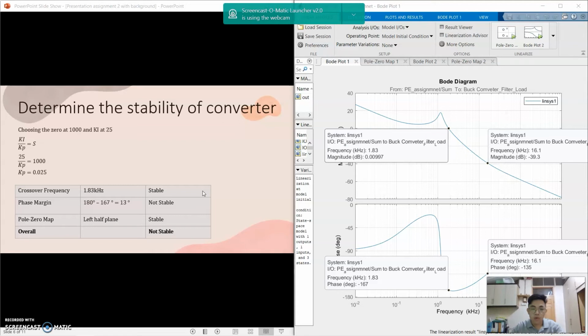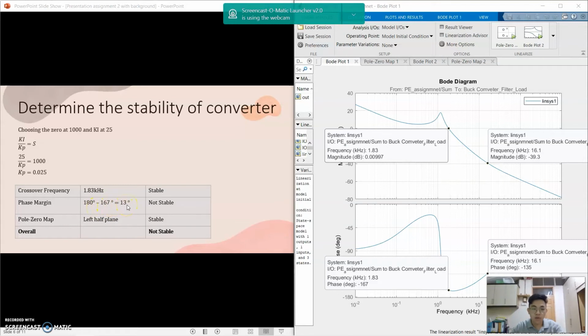In order to determine the phase margin, we will get the phase degree equal to 167 degree at 1.83 kilohertz frequency. By using the formula 180 degree minus 167 degree will equal to 13 degree.